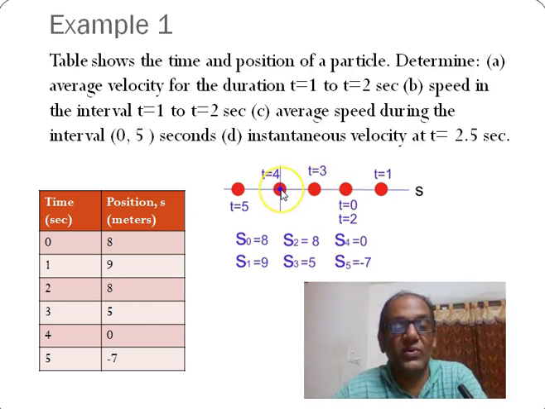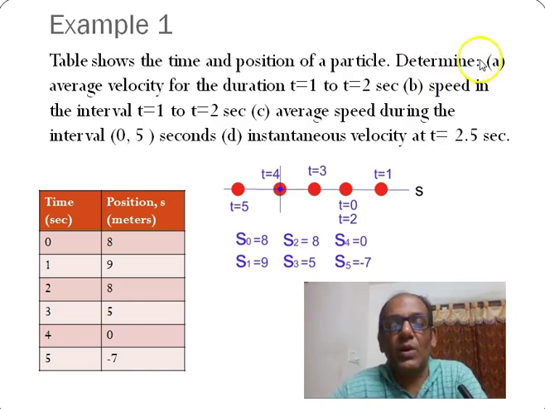Time t is equal to 4, it came back to the origin, and at time t is equal to 5, it went to minus 7. So from here to here is position at time t is equal to 0. From here the object moved here, and from here it moved to this point, and from here it moved to this point, to this point, and this point.